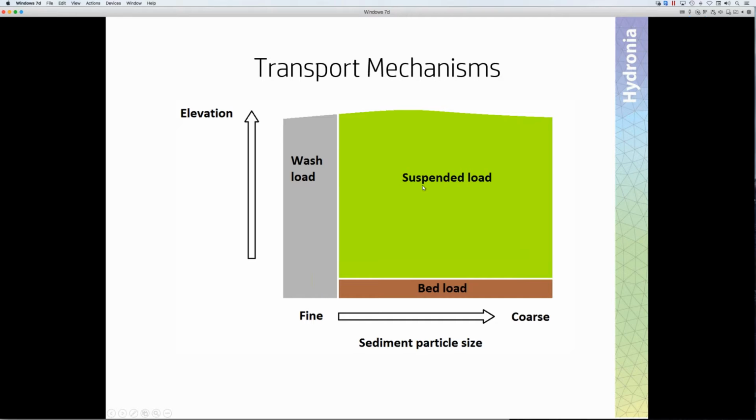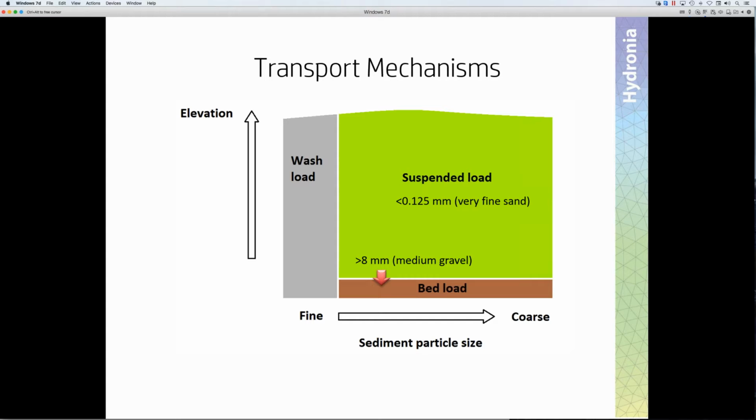Now, the suspended load is normally for very fine particles, and it is considered that very fine sand in the range of 0.125 millimeters is typically transported in suspended mode, while the bed load is mostly formed by coarser particles larger than 8 millimeters, and coarse sand, gravel.